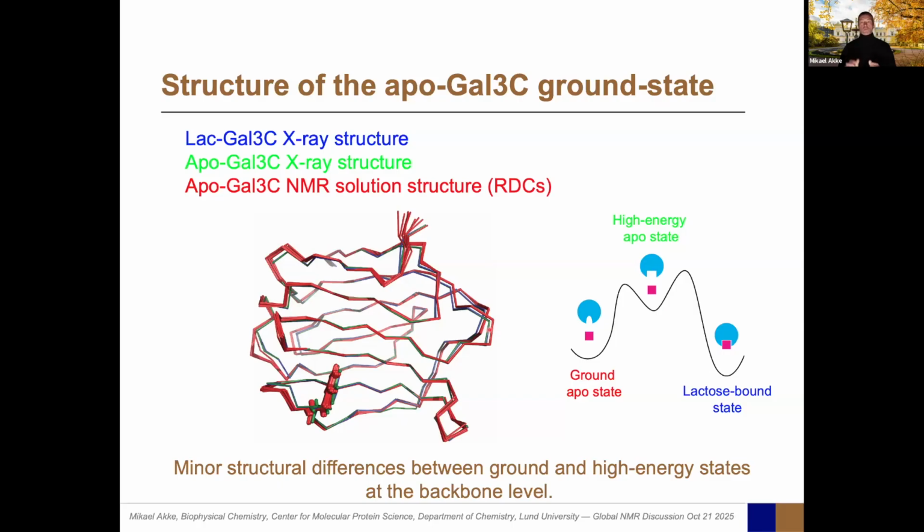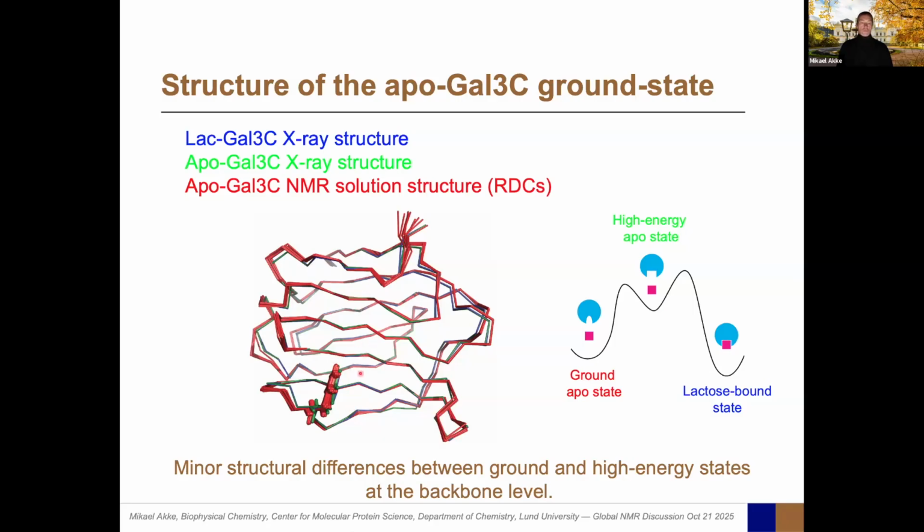So you see now that the changes are basically just out in some loop regions. If we look at the protein from the side, here's the binding site. I don't know if you can see my hand. Then the ground state is a little bit more open, like so. And then when it binds, it comes in a little bit. And moreover, we think that this tryptophan is actually moving a little bit and docking onto the protein.